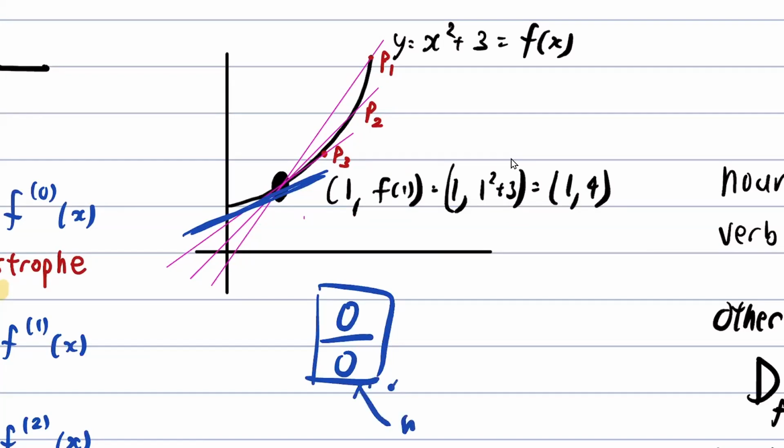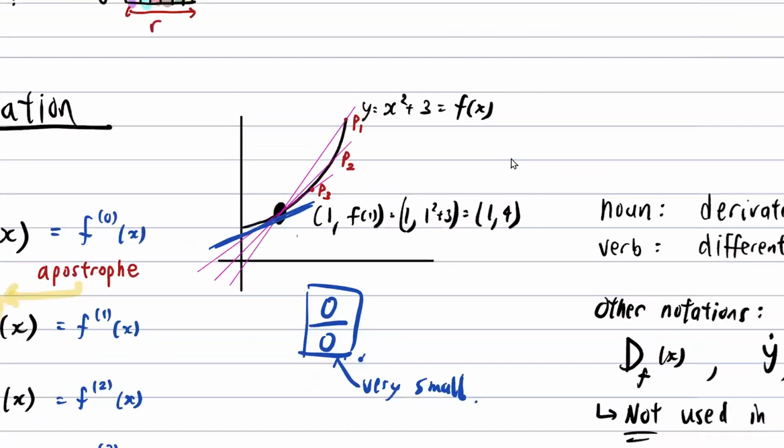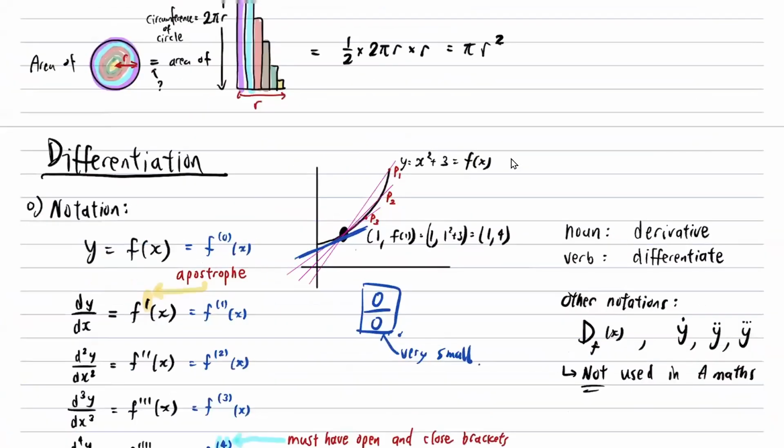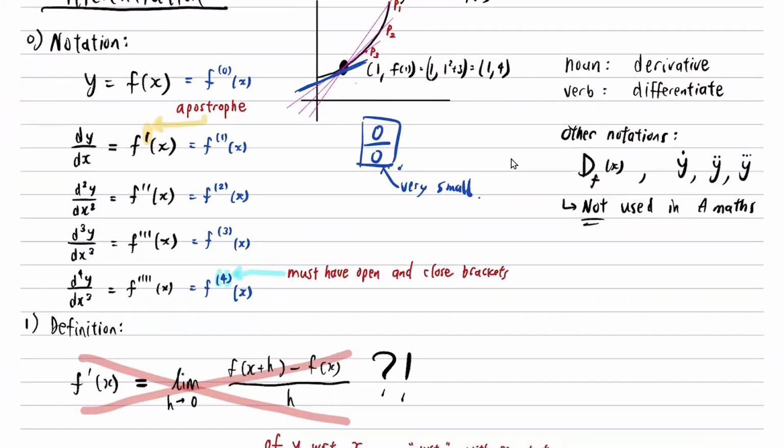The denominator is very, very small. But even though you end up with something so weird like 0 divided by 0, you actually end up with an actual answer. Maybe I will demonstrate it to you on another day in an Excel spreadsheet, then you will see what I mean. But for now, let me introduce a few more things still under differentiation.